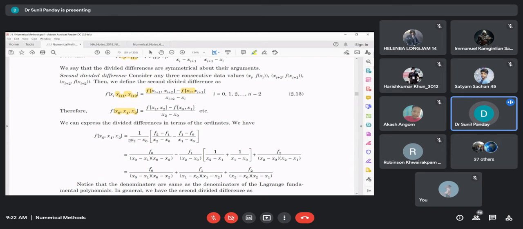Then you multiply this term inside: if x naught minus x2 goes inside to this term, first he has written for f naught, so we can see that there is only one term containing f naught. So f naught upon x1 minus x naught is there, and then x naught minus x2, the minus is adjusted.